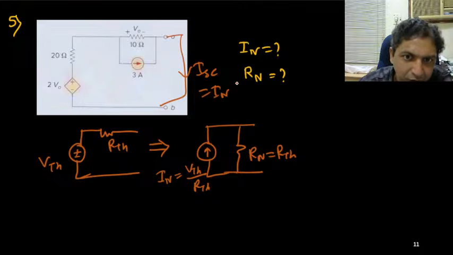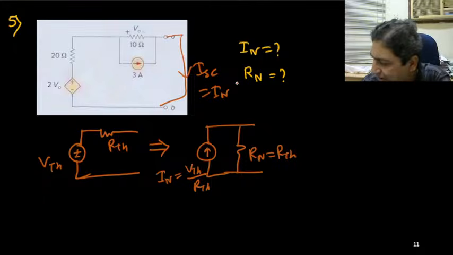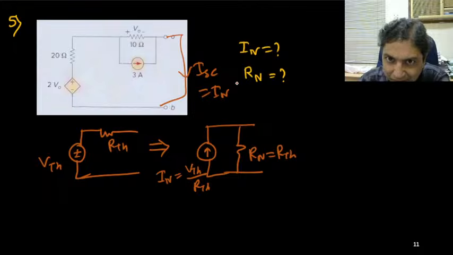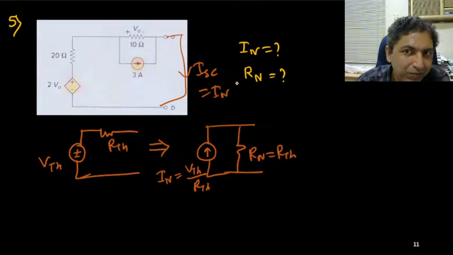So you will try to solve these things. You can find out first VTH and RTH, and then you can find out this one, or otherwise directly you can find out the short circuit current. That also will be giving you this one. Okay, so anyway you can find out.